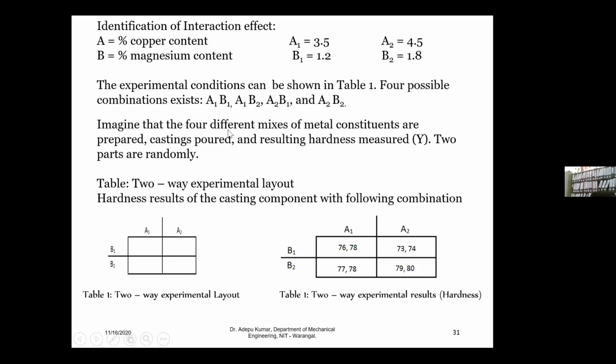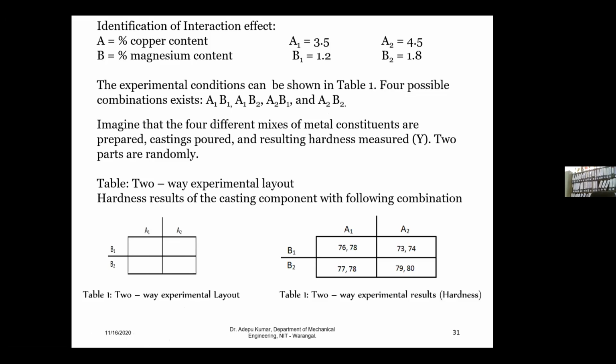You can represent it here, A here and B here, with A1 B1, A1 B2, A2 B1, A2 B2. After taking this combination, I do casting by varying the copper as well as magnesium in a particular condition.